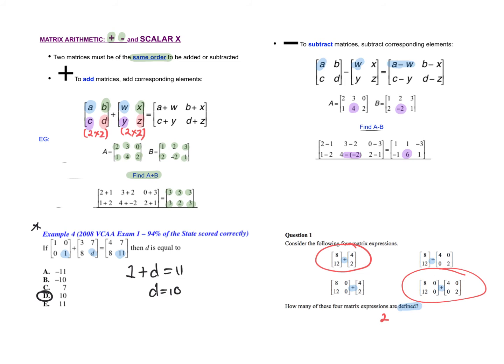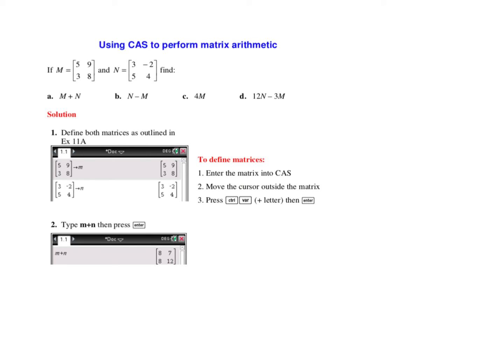Okay, with this page, they're just quickly showing you that you can store them in your calculator, which we did the other day. Remember control variable, which was above the number 9 on your keypad, and you get the little arrow. So they've stored the matrix M, and then they also stored N. When they were asked to add it, you can simply type M plus N and do it.